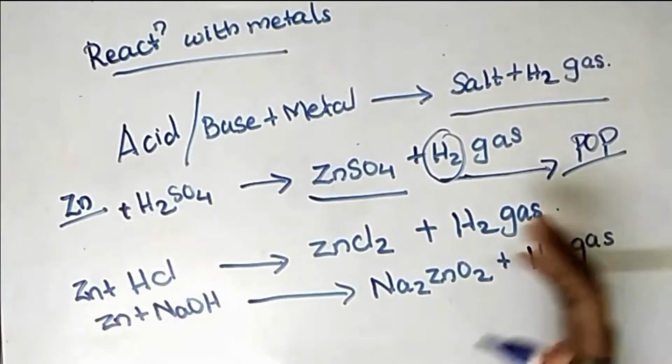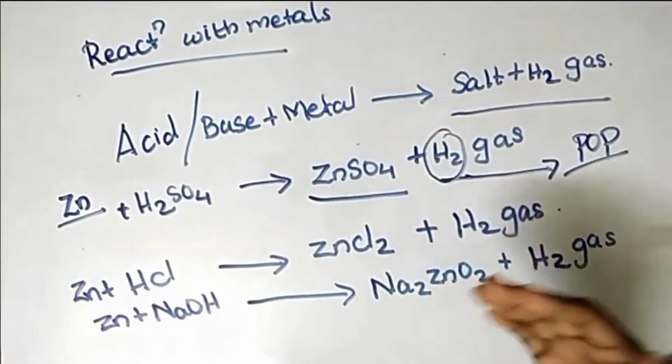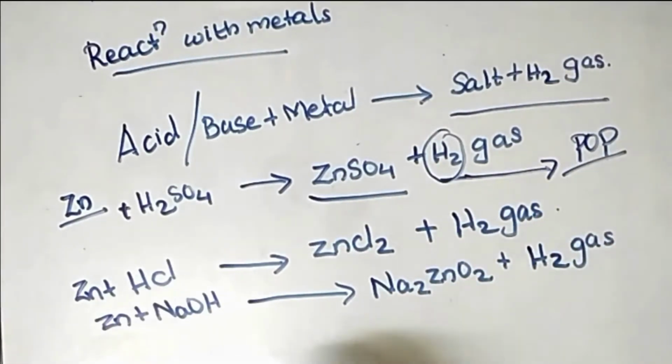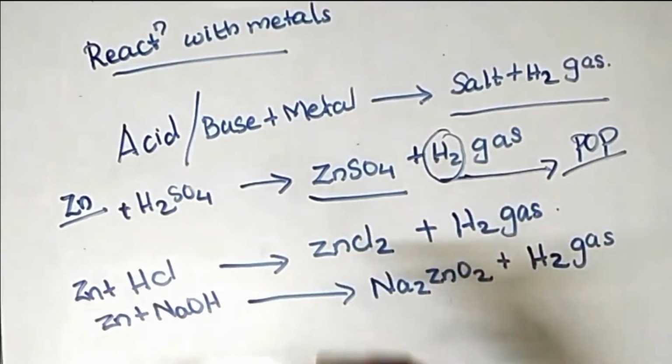During the reaction, it is very difficult for us to form or remember the products, but as we go on, it will be easy to remember. So here also, when a metal reacts with a base, a salt, that is sodium zincate, and hydrogen gas is formed. However, such a reaction is not possible with all metals.